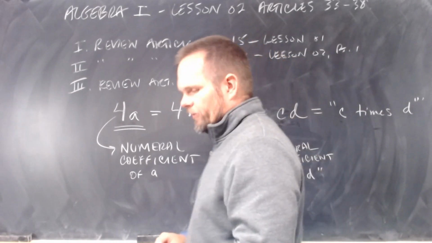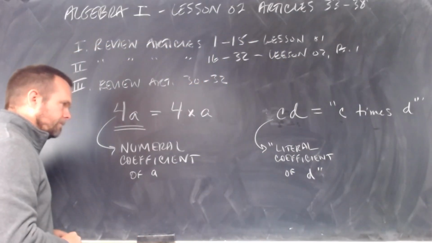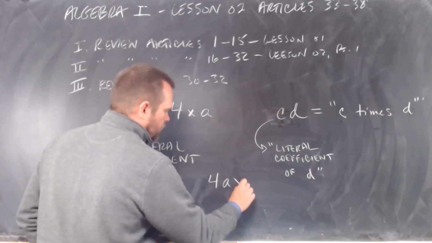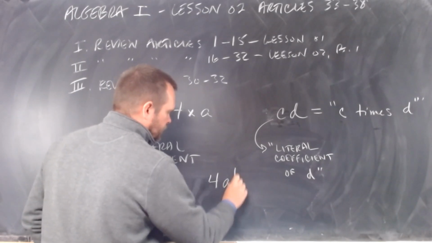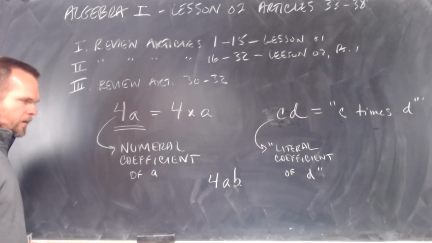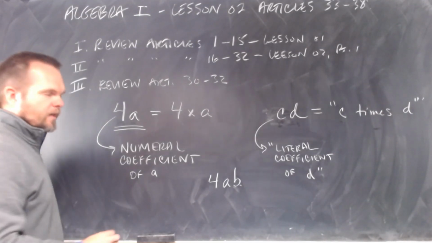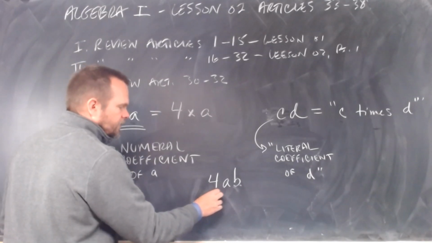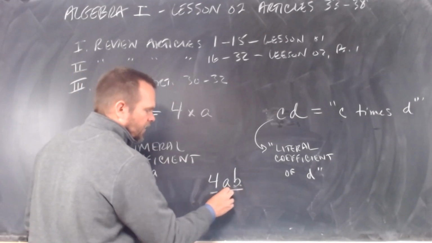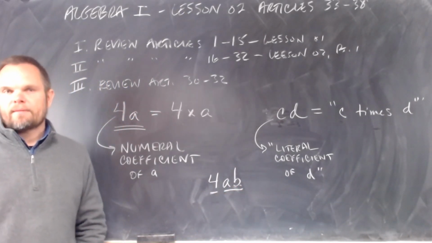All right, coefficients. Sometimes these can get more complicated. We can have something like 4AB. This is a little more complicated because I can say the quantity 4 is the numeral coefficient of AB. Right?